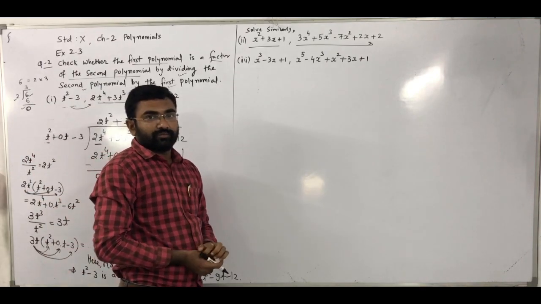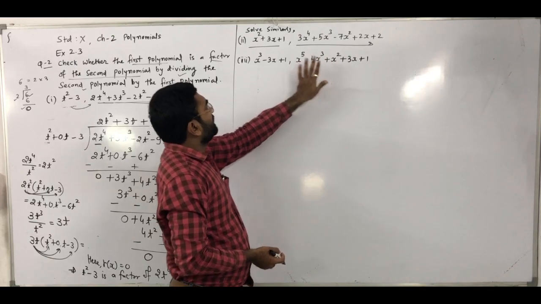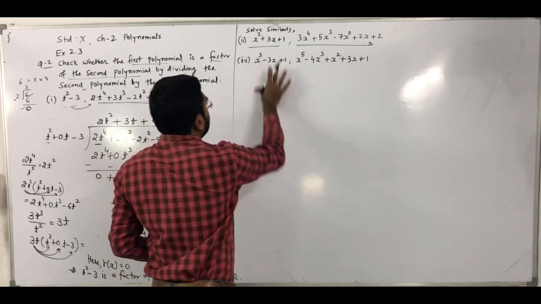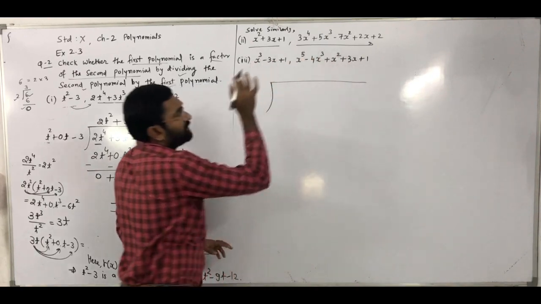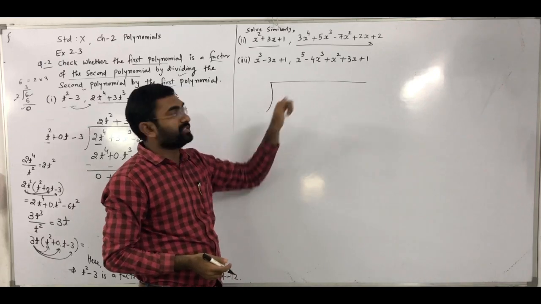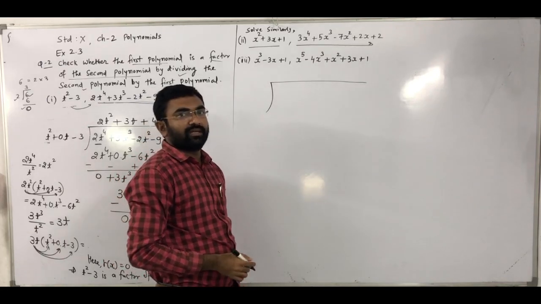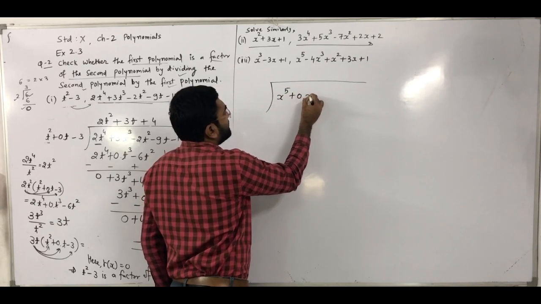In the third question, we have to divide the first polynomial by this polynomial. So first of all, before division, check whether the given polynomial is in standard form or not. First term is x raised to 5, then we require an x raised to 4 term, which is a missing term. So we add it with multiplication by 0: x raised to 5 plus 0 into x raised to 4.